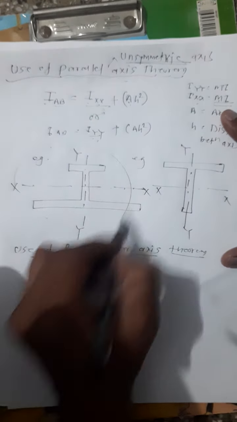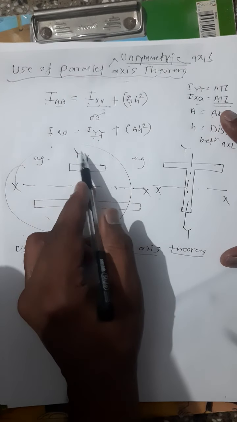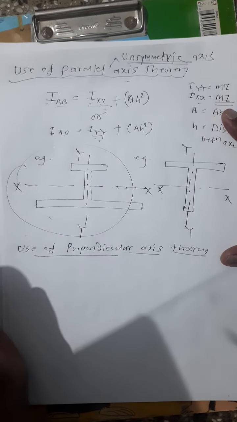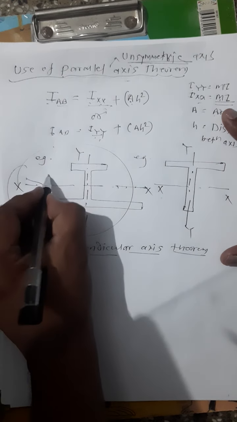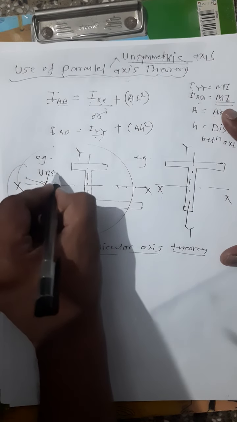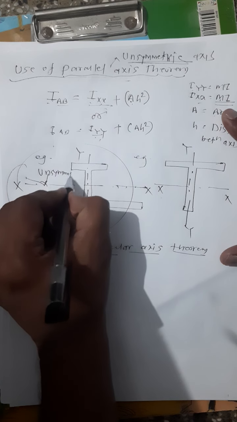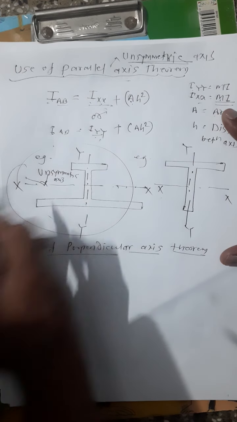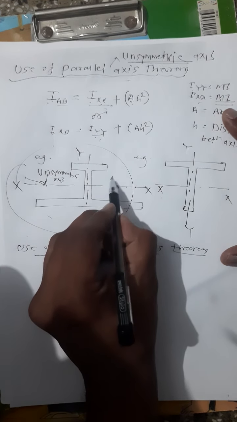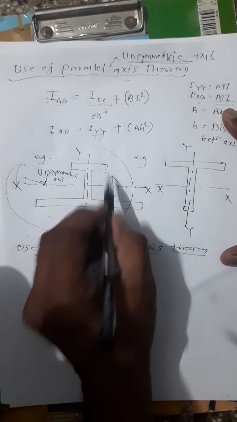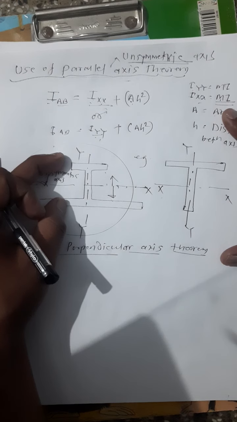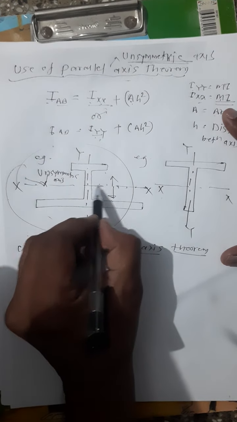Out of these two axes in our first figure, xx and yy, which is an unsymmetric axis? xx is an unsymmetric axis. Why? Because just the top side of xx and the bottom side of xx, you'll find some difference in the dimension. We'll find some difference in the area.